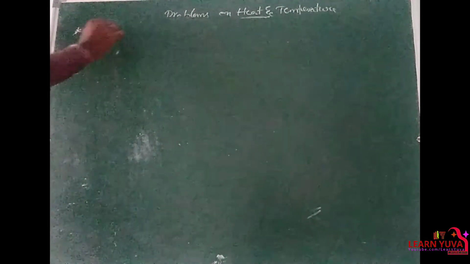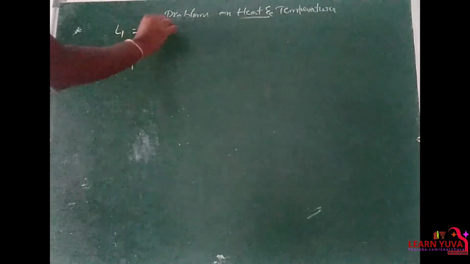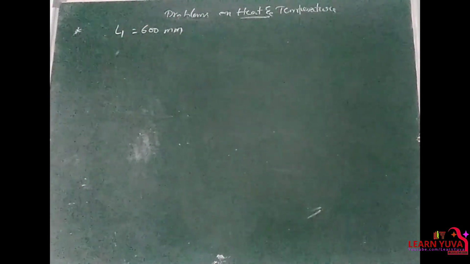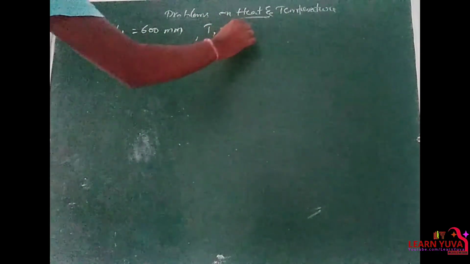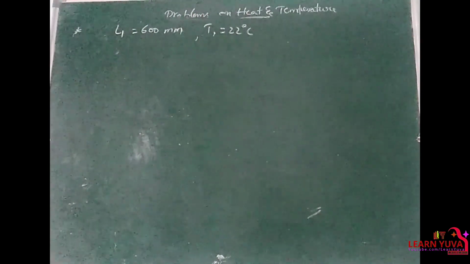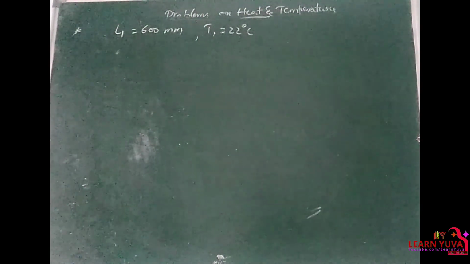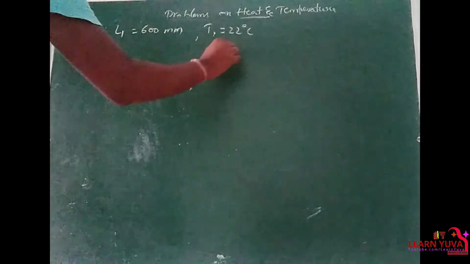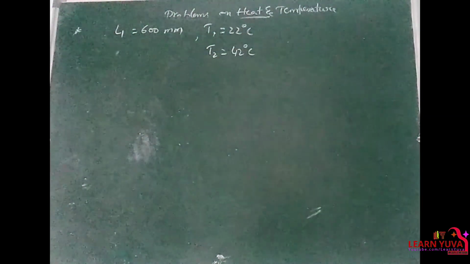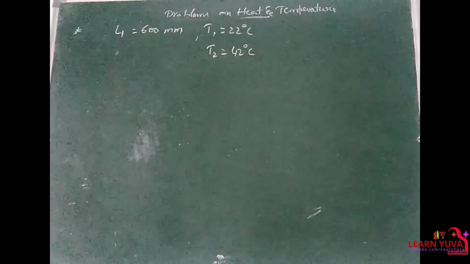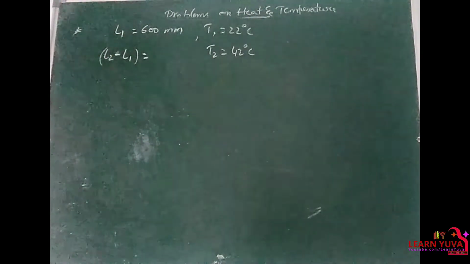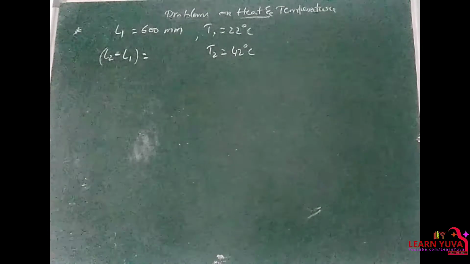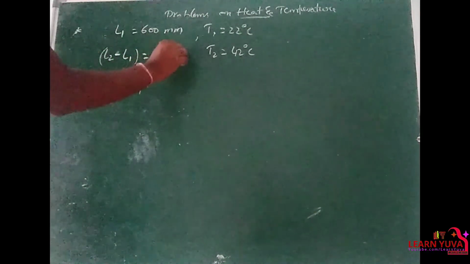A metal beam of length 600 millimeters at a temperature of 22 degrees Celsius, T1 is equal to 22 degrees Celsius. On a hot day, the temperature rises to 42 degrees Celsius, and the change in length due to the temperature is 1.82 millimeter.